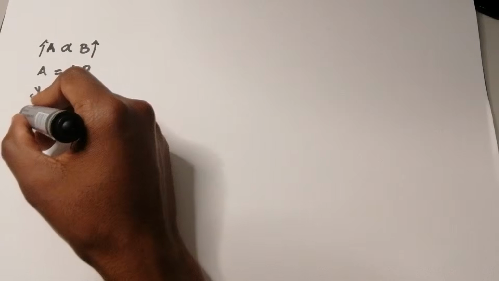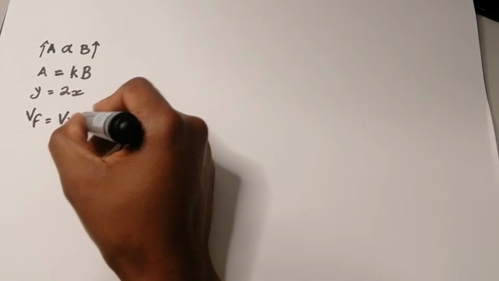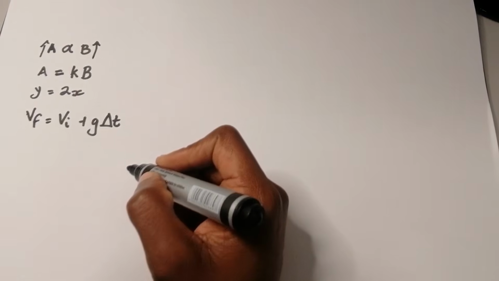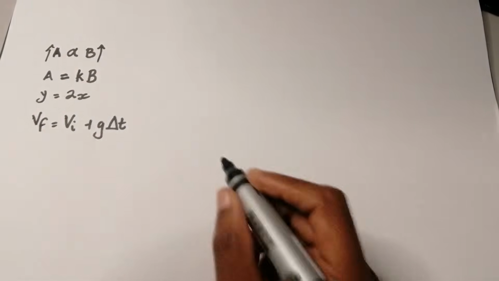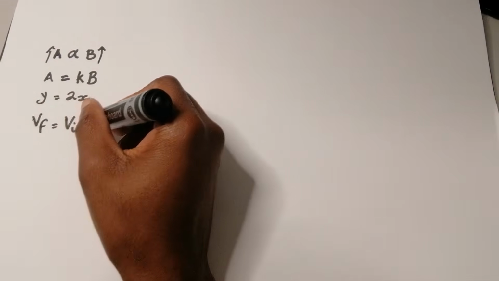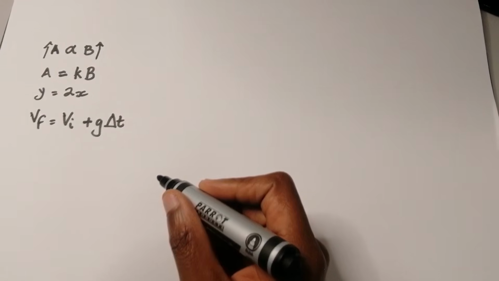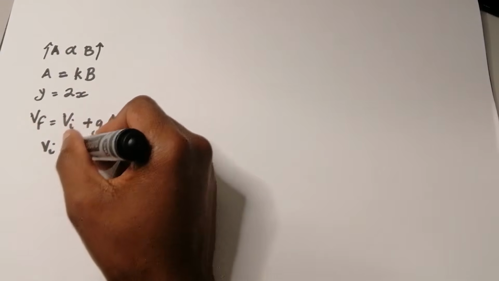So now, let's go into vertical projectile motion. You've got an equation, Vf equals Vi plus g delta t. Now let me make an example. Let's make an assumption that our initial velocity is 0.